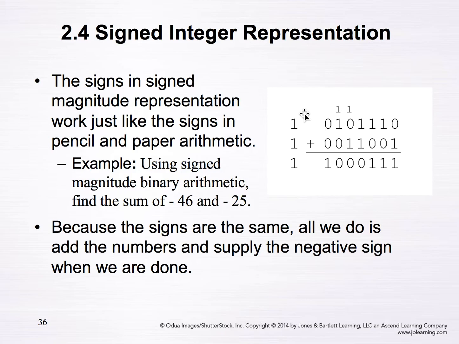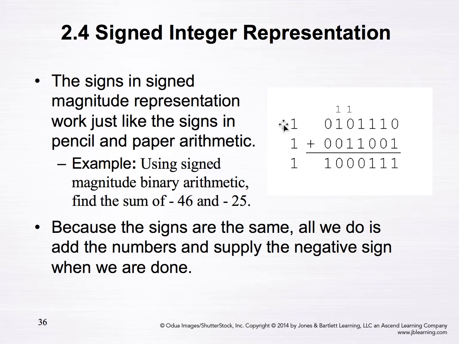Okay, so the first step to compute the sum of two negative numbers is we just calculate the sum of the two values. So basically we do the same. 0 plus 1 equal 1, 0 plus 1 plus 0 equal 1, 1 plus 1 plus 0 equal 1, 1 plus 1 equal 10, we write down 0 and carry 1, so 1 plus 0 plus 1 equal to 10, write down 0 and carry 1, so 1 plus 1 plus 0 equal to 10, write down 0 and carry 1, so we have 1 plus 0 plus 0 equal 1.